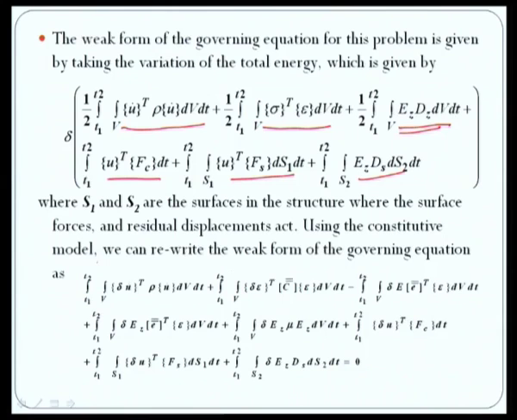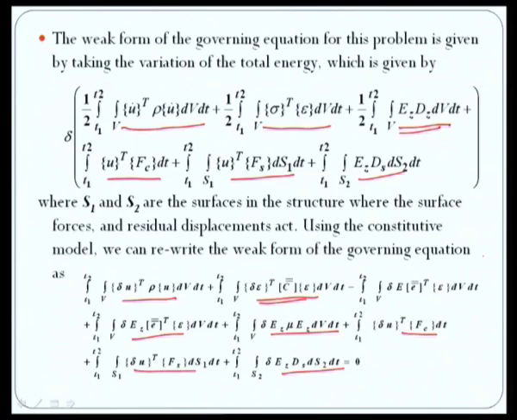Now, using the constitutive model, we can rewrite the weak form of the equations in this form by taking the minimum variation. This comes from the constitutive model, and we are not deriving it here mainly because it is too complex, but assume that this can be done by taking care of the embedded system as we do for laminated composites. These are the total matrices that come into play because of the constitutive matrix in the weak form of the governing equations.